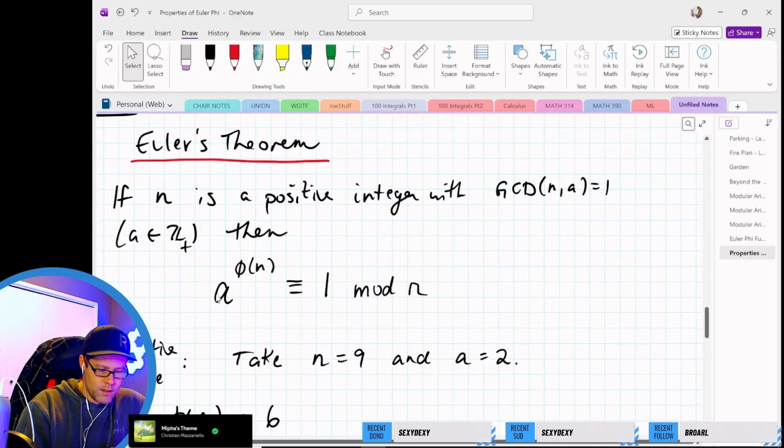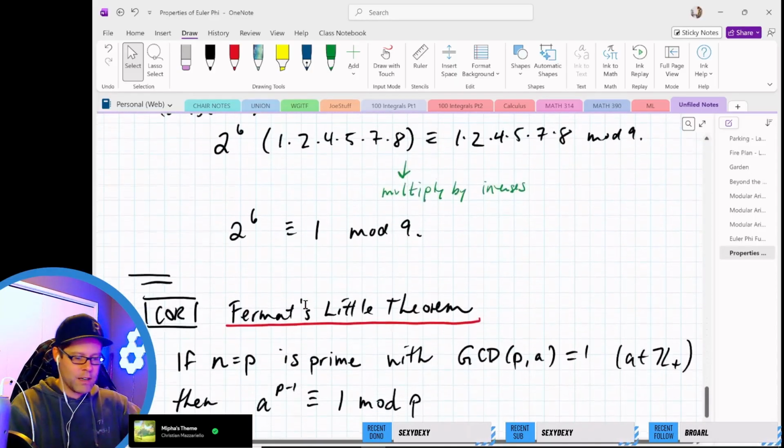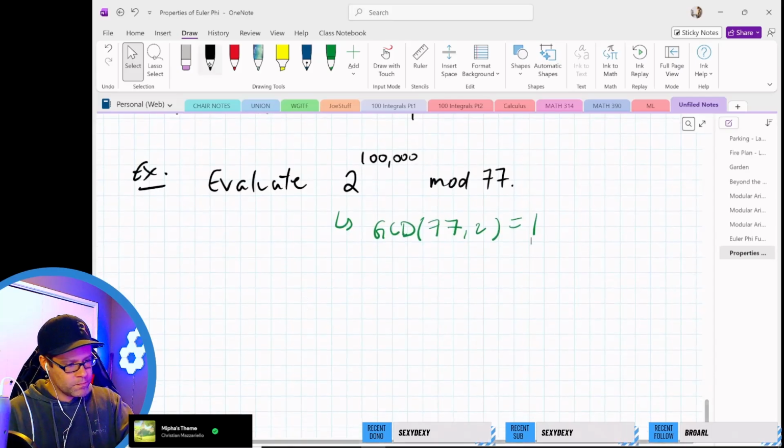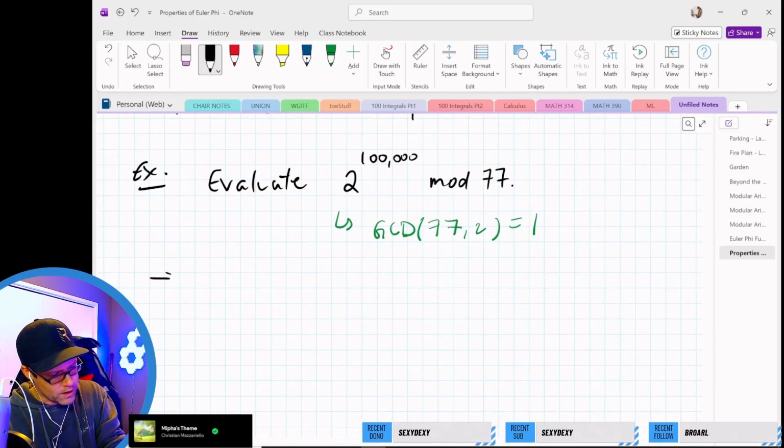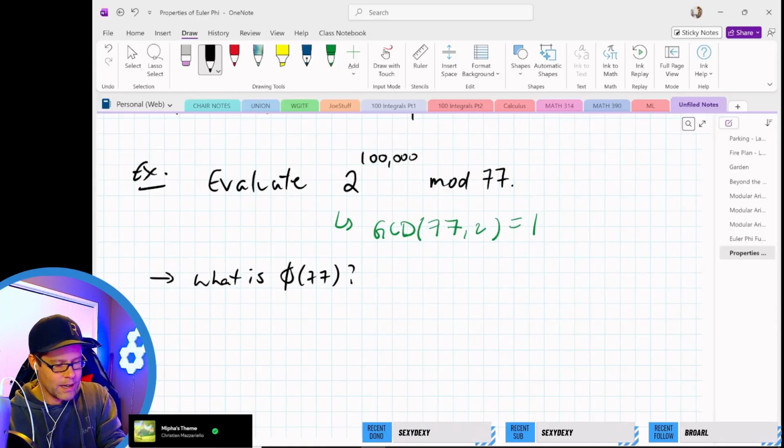which says if a and n are coprime, then a to a particular power is going to be congruent to 1. So the power that I'm looking for is phi of 77, so maybe that's what I'll do first. Maybe I'll take a look at what phi of 77 is, because I know that 2 to the phi of 77 should be congruent to 1 mod 77, right?